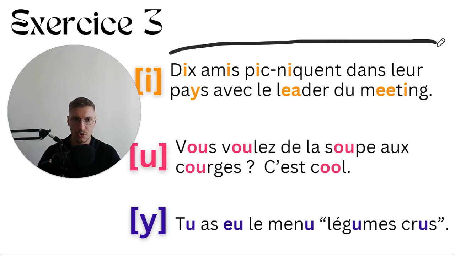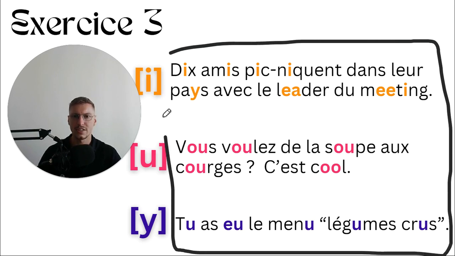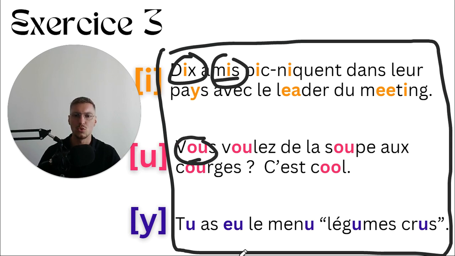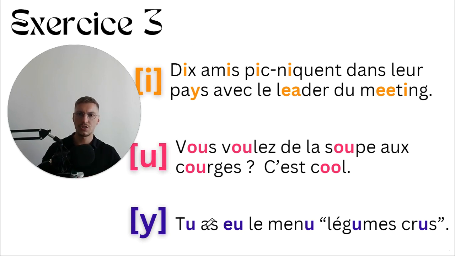You can pause the video here, practice reading the sentences. So everything in orange is the sound E, everything in red is the sound OU, everything in blue is the sound U. So please pause the video here and read the sentences. C'est bon? Now, repeat after me.